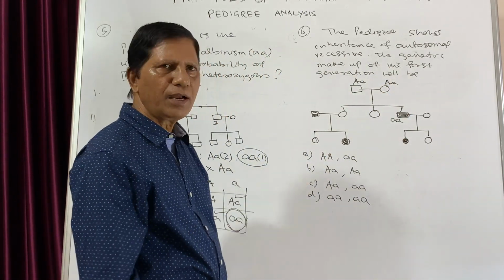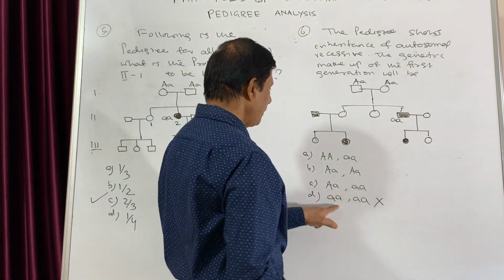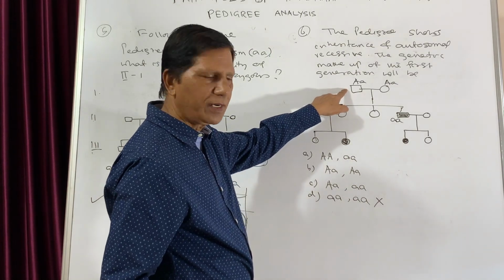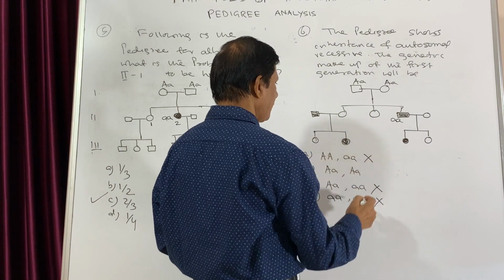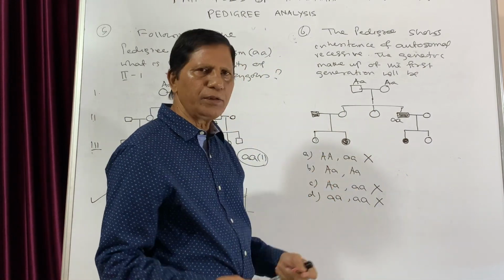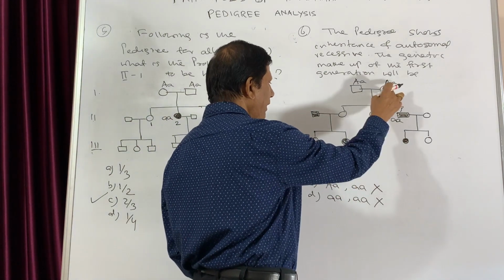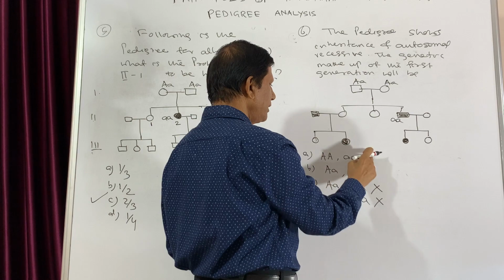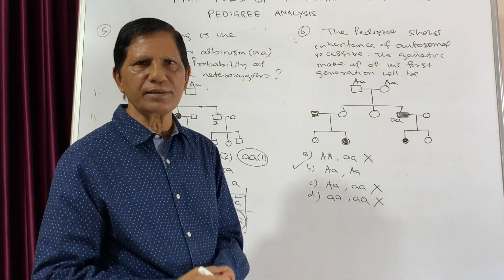So immediately it comes, because you see this is not possible, because both father and mother are not affected, because it is autosomal recessive. Here also the mother is not affected, here also mother not affected. By just looking into it, in 5 seconds you can answer it, because both the parents are not affected. So this is wrong, this is wrong, this is wrong. So naturally we are coming to this choice. Only 5-6 seconds.